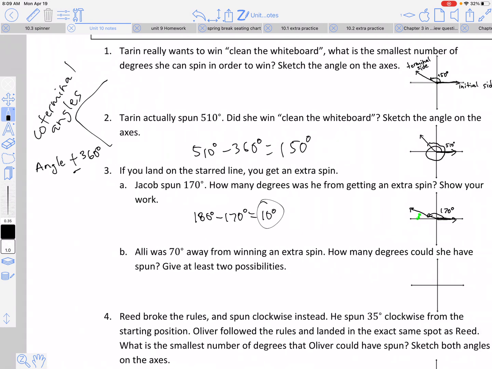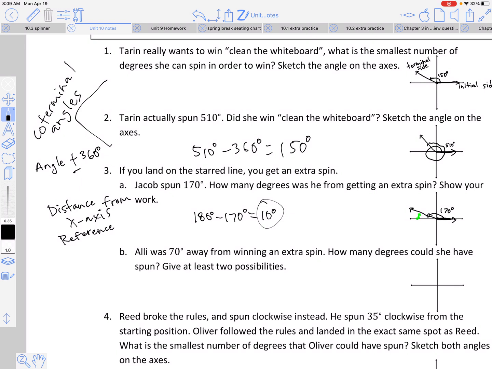Now, remember the rules of the game. You start on the positive x-axis and you spin counterclockwise. When you're trying to see this distance you are from the x-axis, that we just measured right there in green, as you can see, this is called your reference angle.